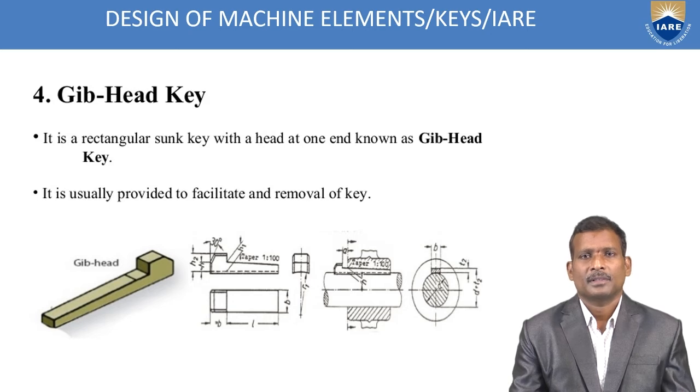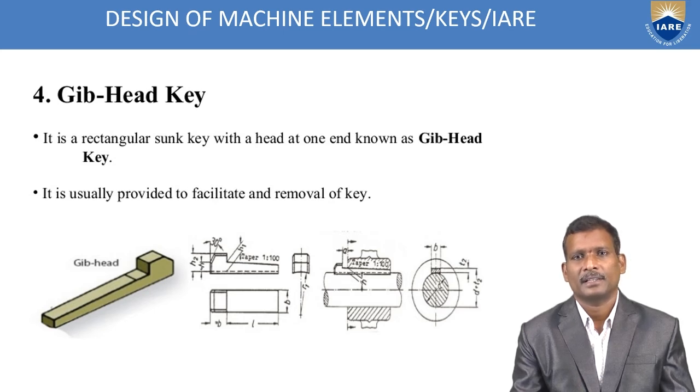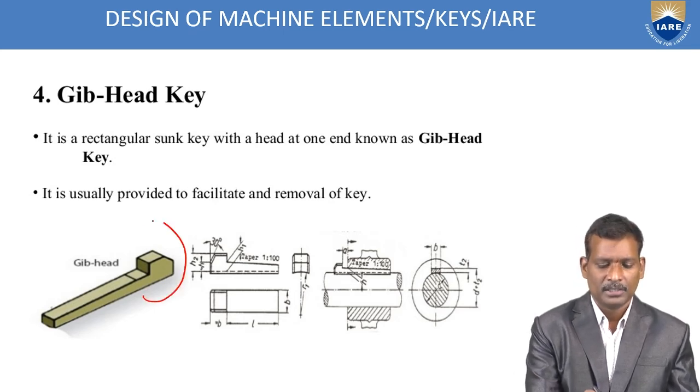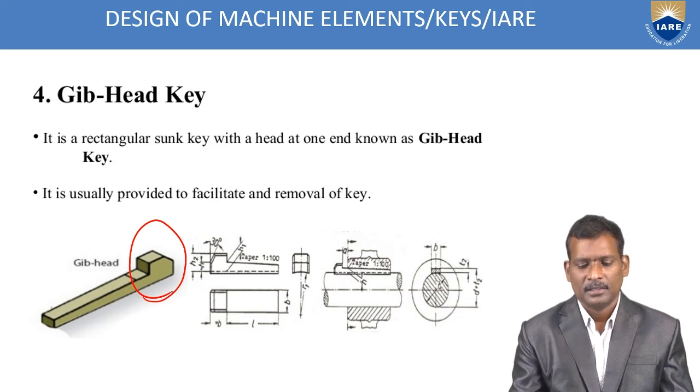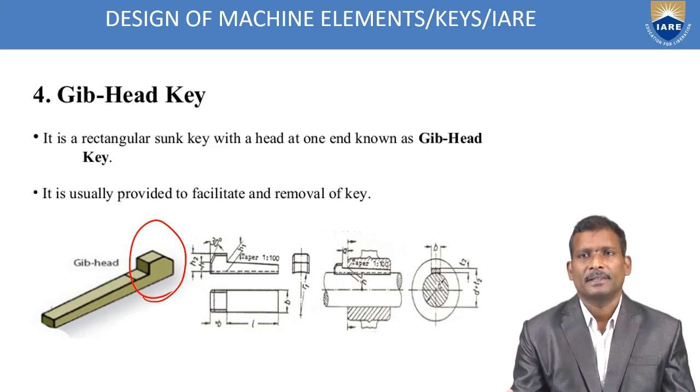Next key, the fourth one, is the gib head key. It is a rectangular sunk key with a head at one end, known as the gib head key. It is a rectangular sunk key, but the only difference is it has a gib head at one end.